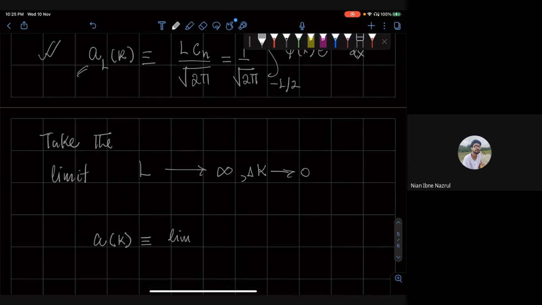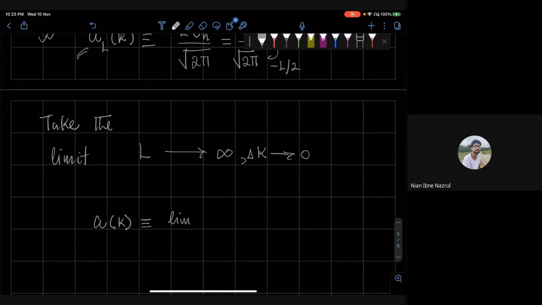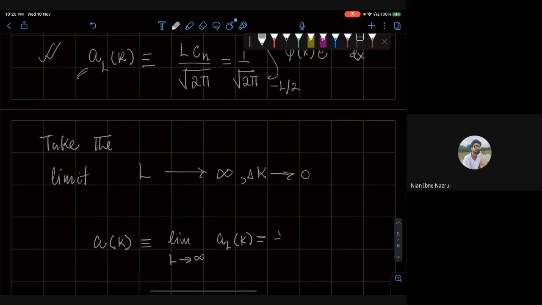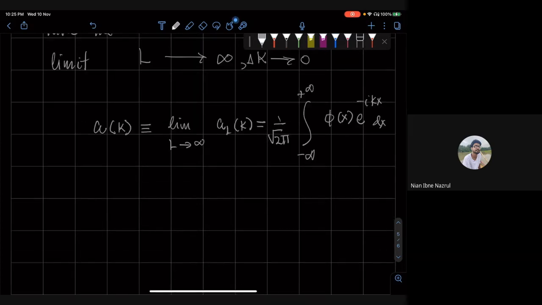So in that limit where L goes to infinity, A_L of k becomes 1 over 2 pi, integral from minus infinity to plus infinity, phi of x e to the power minus i k x dx. So this is A of k.